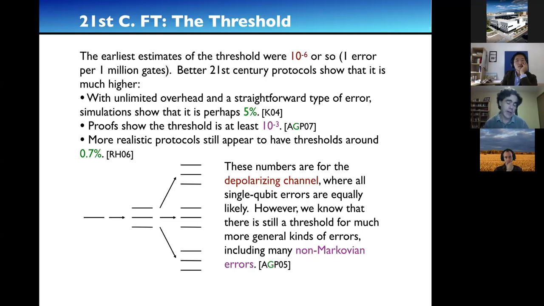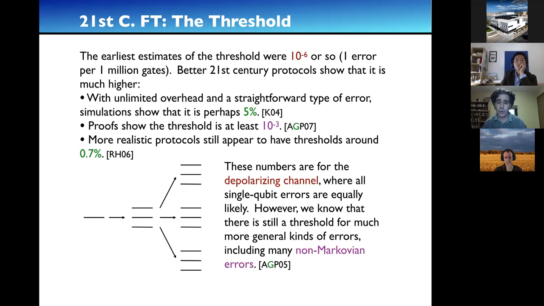But that assumes ridiculous numbers of qubits. It's not a very practical protocol. For that kind of protocol, we can prove rigorously that the threshold is actually at least 10 to the minus 3. So the simulations might be missing something. The proofs, well, they have to make some assumptions, but they cover a much wider range of possibilities. But as I said, that's just kind of a proof of principle. It's not a practical protocol.